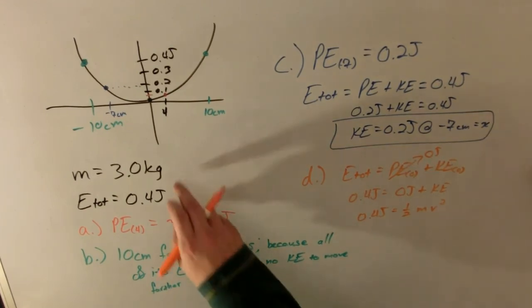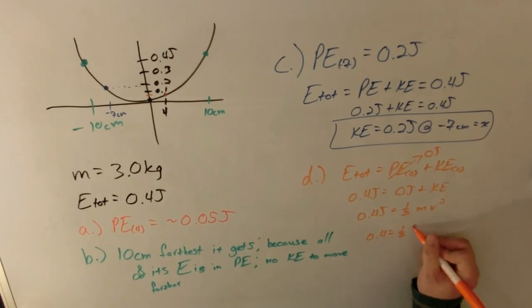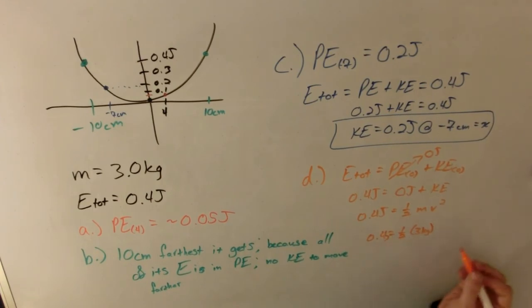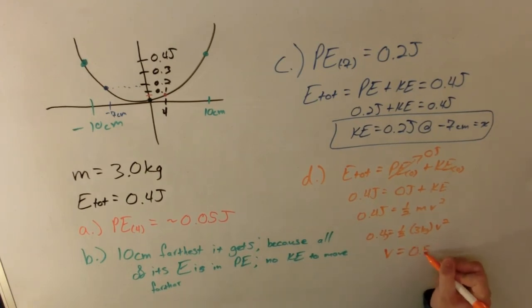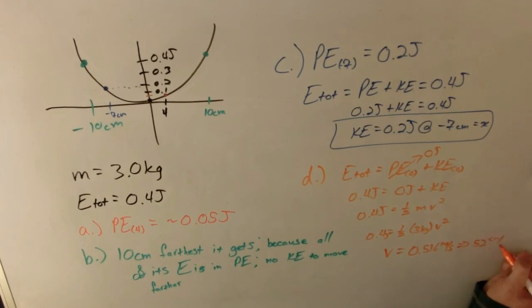We know our mass was 3 kilograms, so I've got 0.4 joules equals 1/2 times 3 kilograms times v squared. If I solve this, v is going to be equal to 0.516 meters per second, in other words, about 52 centimeters per second.